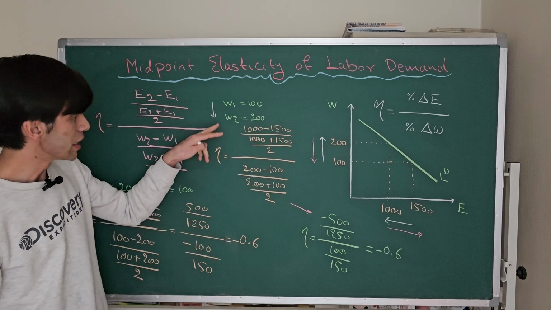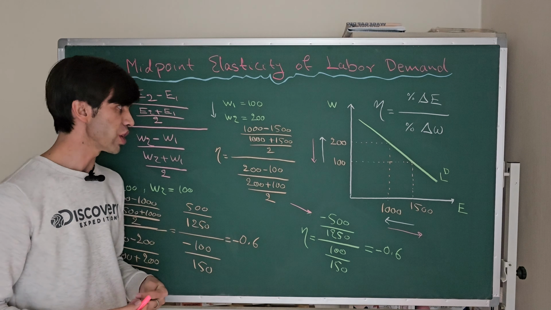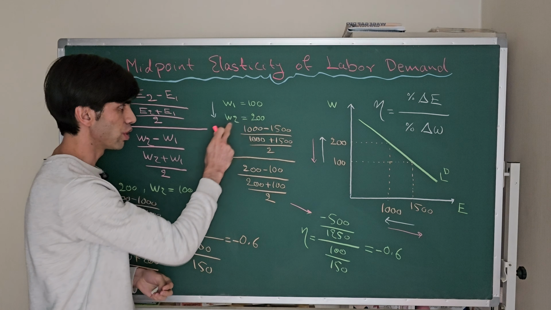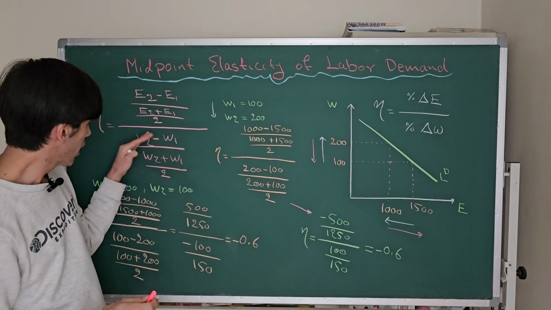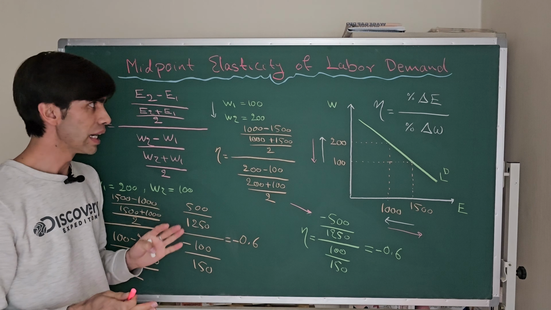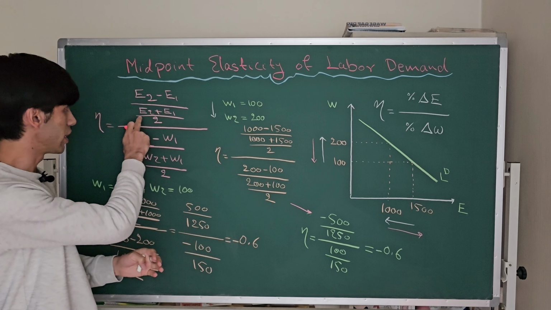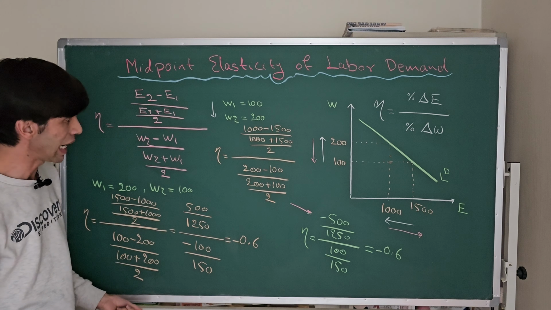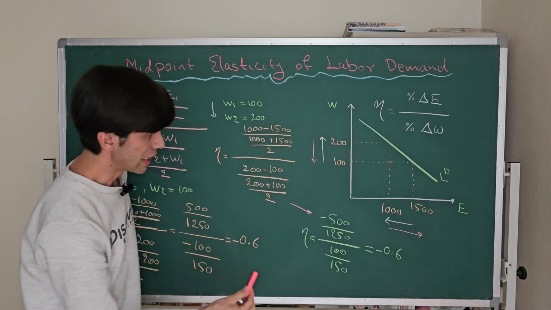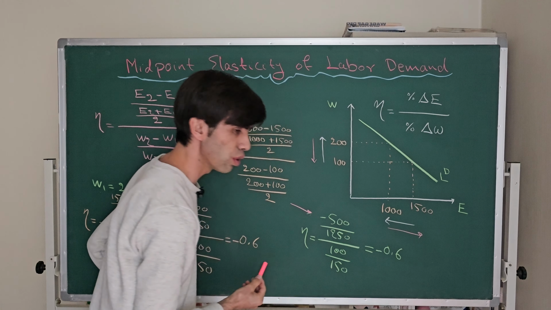For example, suppose our initial wage rate is 100 and the new wage rate after the change is 200. So W1 is 100, W2 is 200. Now, when we use the midpoint elasticity formula, how can we find the wage elasticity of labor demand? Just plug in the numbers into the formula. When we move from 100 to 200, our employment level moves from 1,500 to 1,000.